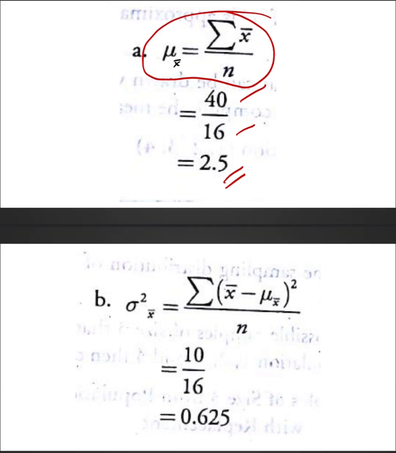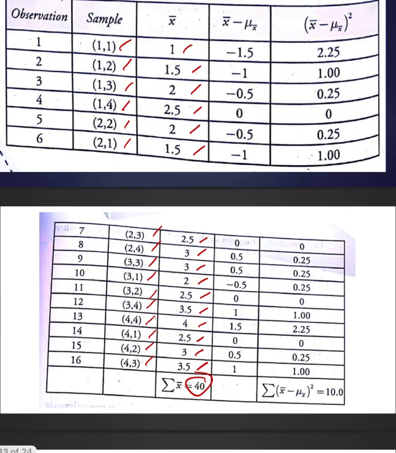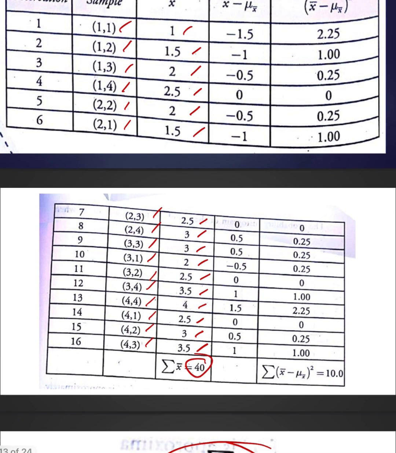Now, let's compute letter B, the variance of the sampling distribution of means. To determine it, let's continue working on our table. We will subtract the mean of the sampling distribution of means, which is 2.5, from each sample mean.